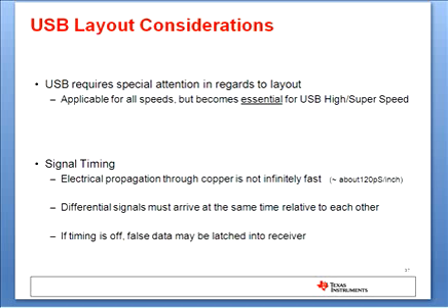So what this means is that the routes for the data plus and data minus lines, as well as the super-speed transmit and receive lines, must match in terms of length or be relatively close. If trace length of the differential pairs is neglected, you may find that it takes a lot longer for one side of the differential pair to arrive than the other, potentially leading to false data latched into the receiver.